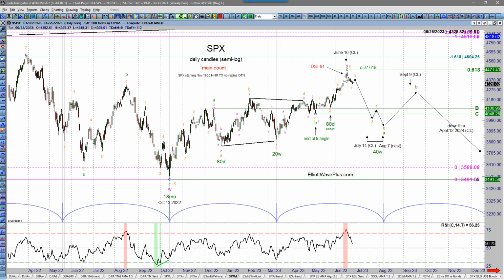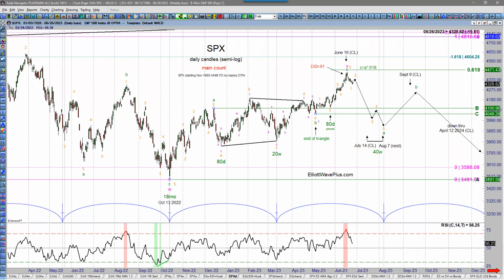And the deciding factor is that the big question on the table right now is this move down into late July or early August, is it going to carve out a 5-wave structure? If it does, then we very likely have seen the high for the stock market just a few days ago on June 16. We've seen the high for the year.